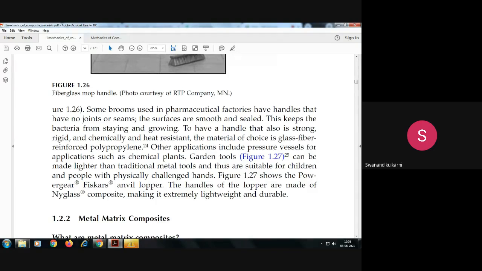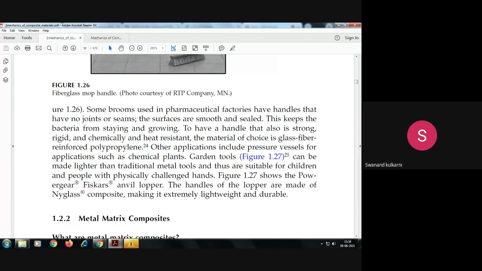So in pharmaceutical industries, okay, whenever seamless surfaces are used, in some places smooth and sealed surfaces are required. Is it okay? So that keeps the bacteria from staying and growing.